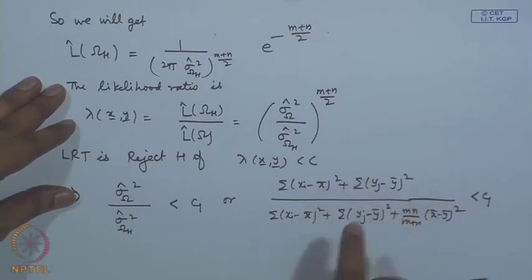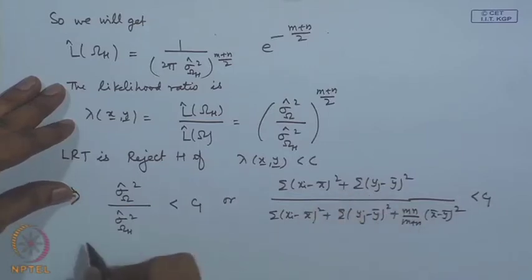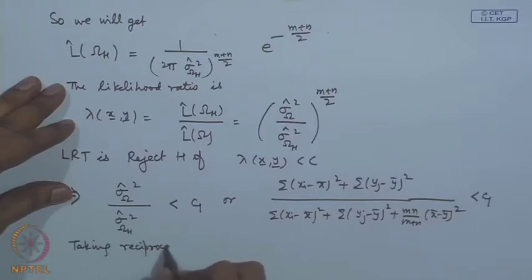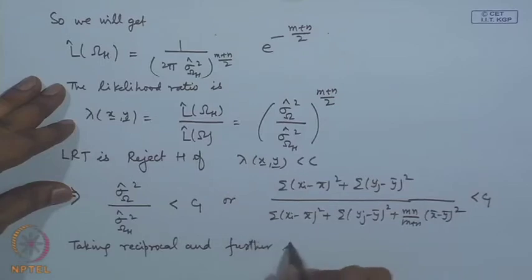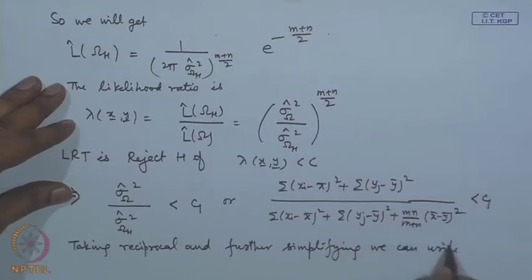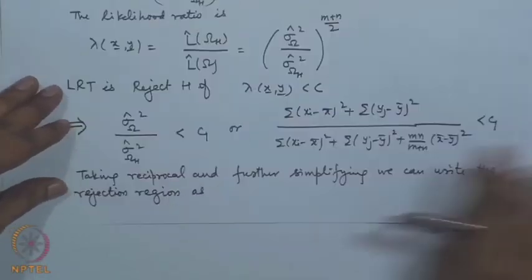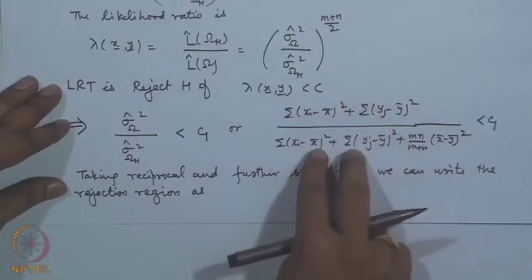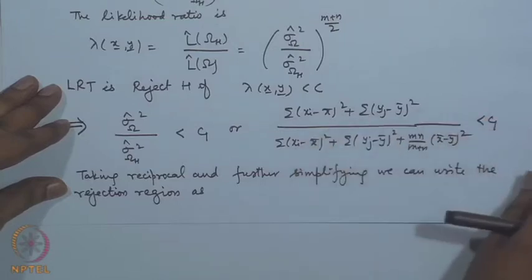So, I can take the reciprocal of this inequality, and further simplifying, we can write the rejection region as follows. When I take the reciprocal, this comes in the numerator and I divide by this full term, I get 1, then I take it to the other side.